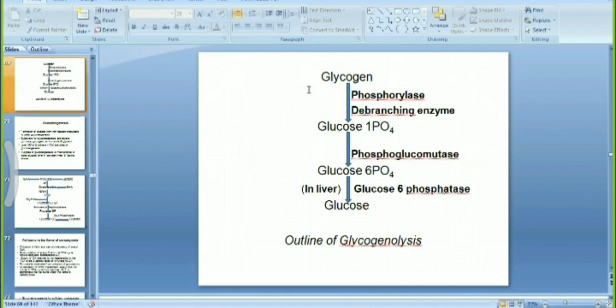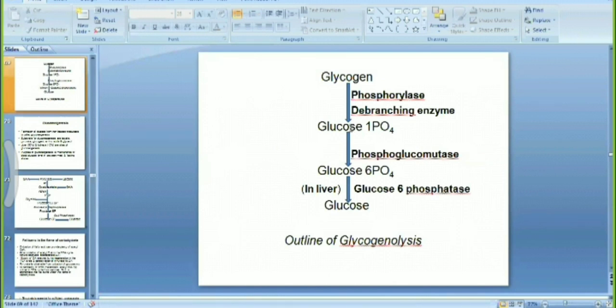This is the outline of glycogenolysis. You see glycogen. The main enzyme for glycogen breakdown is phosphorylase. Is it clear? Another, helping enzyme, is the debranching enzyme. These two enzymes are responsible for conversion of glycogen to glucose 1-phosphate.